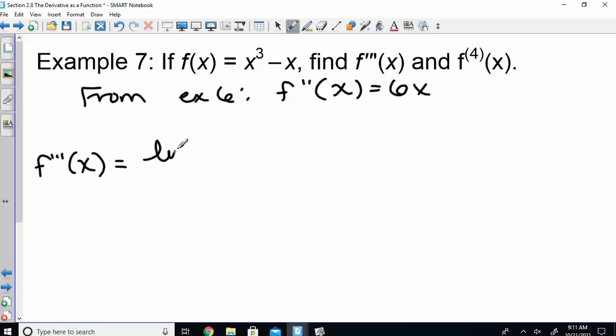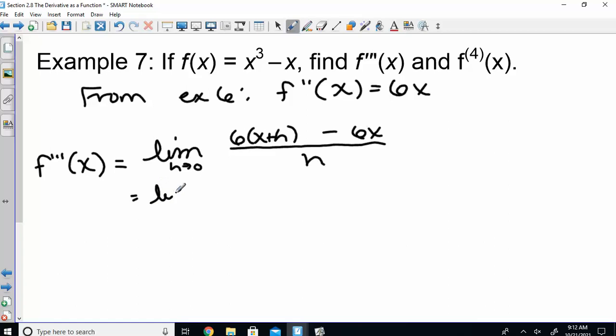Alright, so I have to do the derivative of my previous answer. So that is the limit as h approaches 0, f of x plus h, so 6 times x plus h, minus f of x, just 6x, over h.